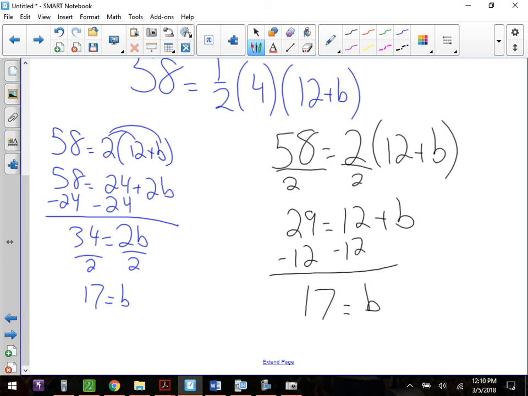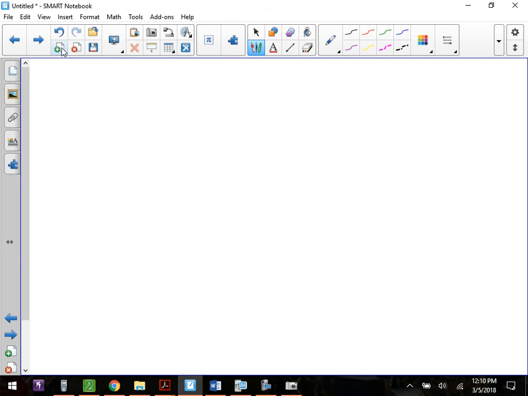Okay. Let's see. I had another one I'm going to show you real quick. How would I find the area of a semicircle?